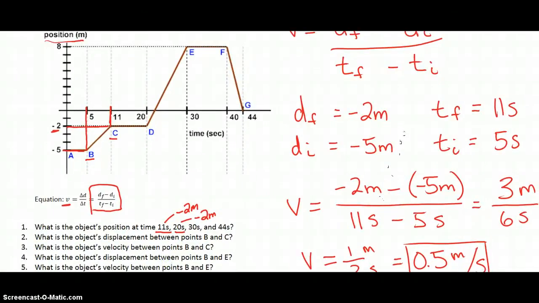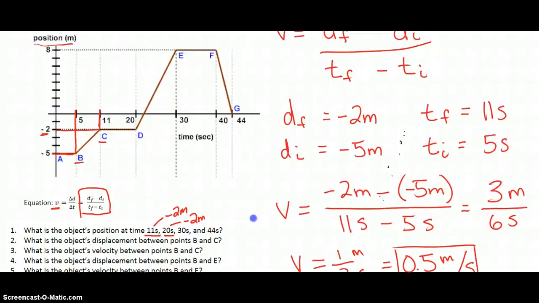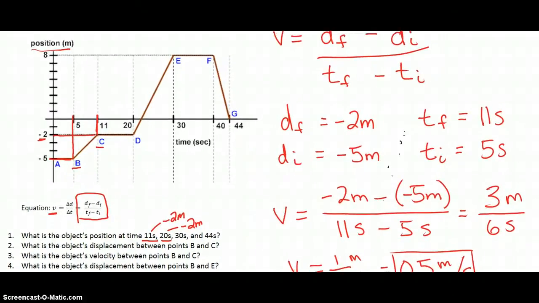I'm going to be doing the same thing for number 4 when I'm finding the object's displacement between points B and D. The difference being here is that now I want to find the displacement from point B all the way up to point D. So this is going to be my start point.